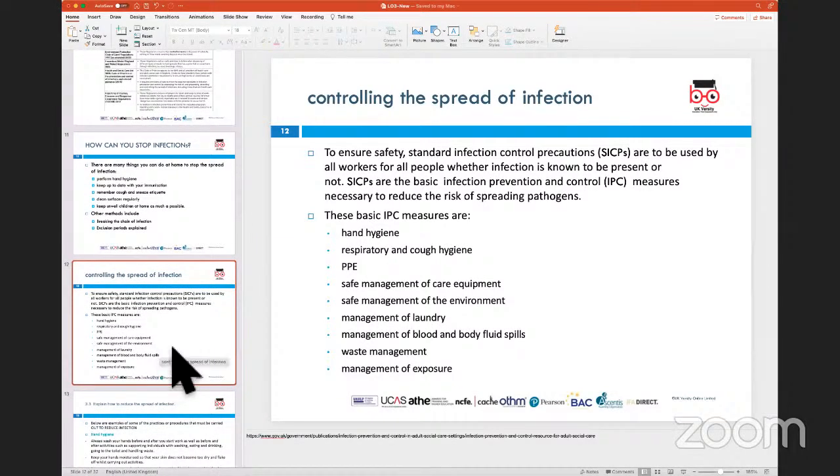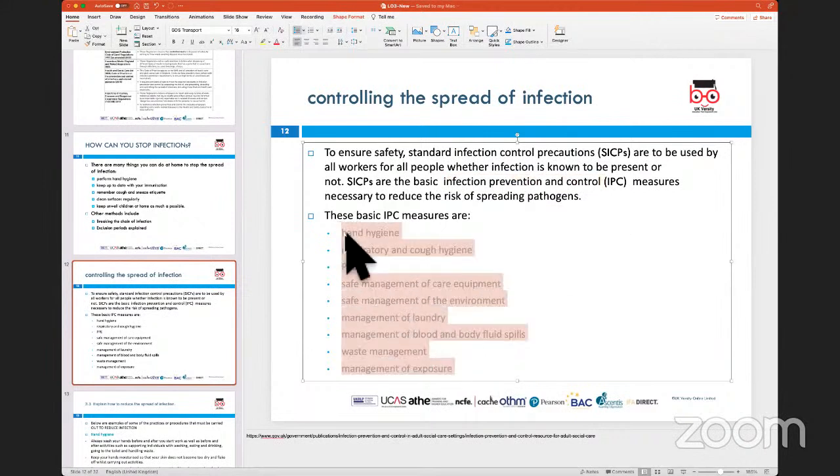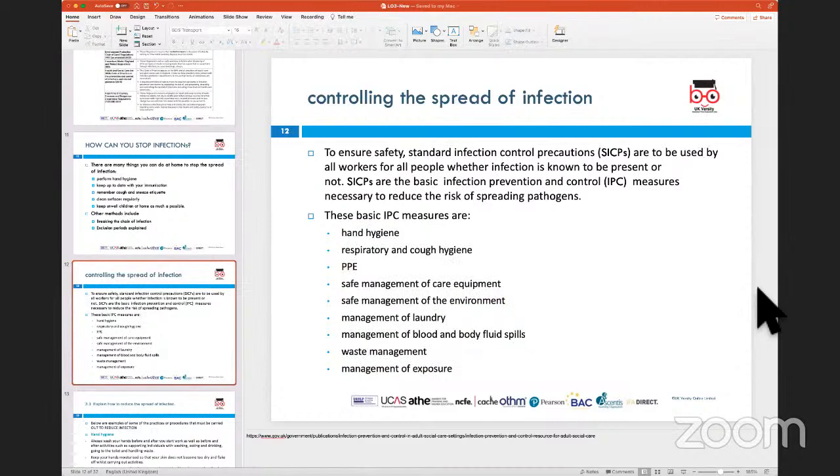Now, the government in the UK ensures this through the standard infection control precautions, called SICP, and the infection prevention and control measures, IPC. They recommend these measures to ensure that the spread of infectious diseases can be controlled in any particular location.